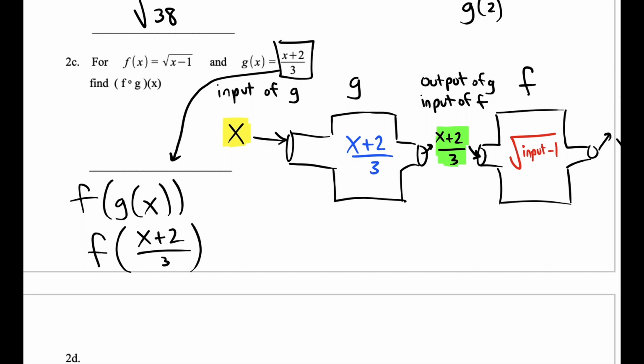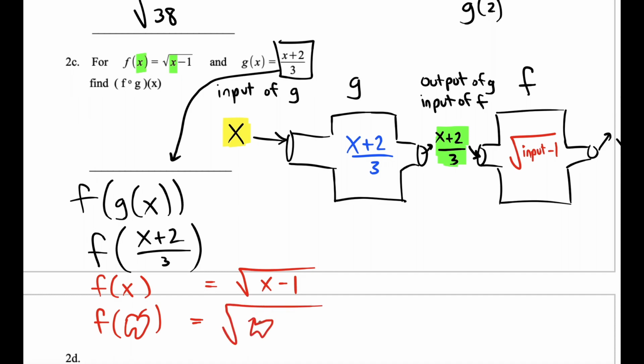And if it was just f of x that they wanted, we know that f of x would simply be square root of x minus 1. And f of apple would be the square root of apple minus 1. And so the same kind of approach applies here. We got to do the square root of x plus 2 over 3 minus 1 then. Plug in one function into another. That's a composition of functions.